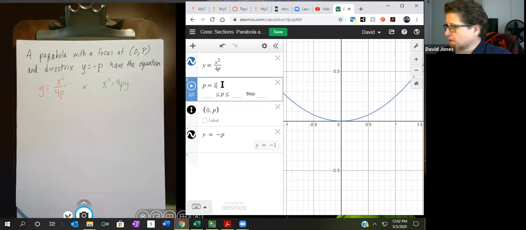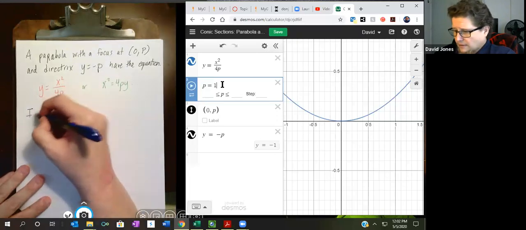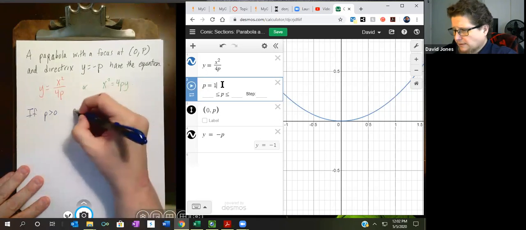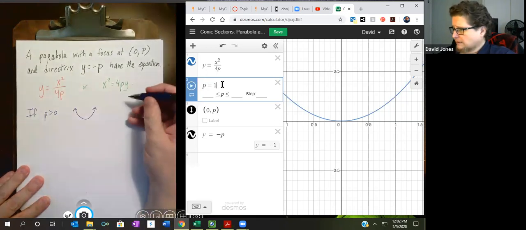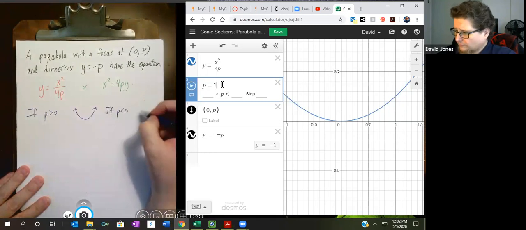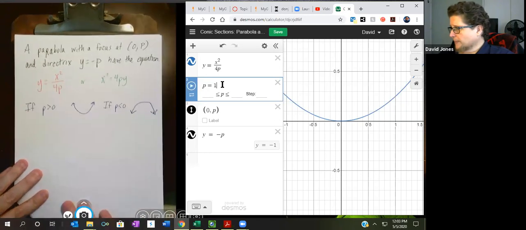If p is greater than 0, it opens up. If p is less than 0, it opens down.